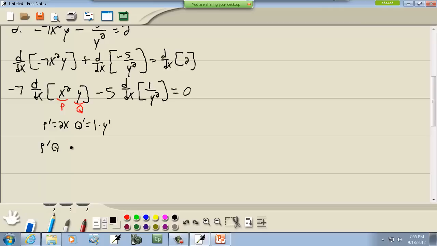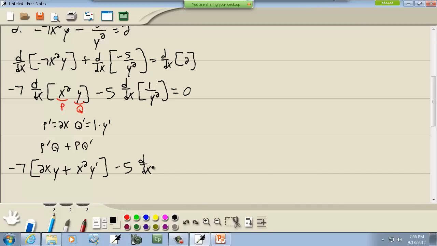So this will be P prime Q plus P Q prime. Negative 7 remains out in front. And then P prime was 2x times Q, which is y, plus P, which is x squared, times Q prime, which is 1 times y prime, just y prime.